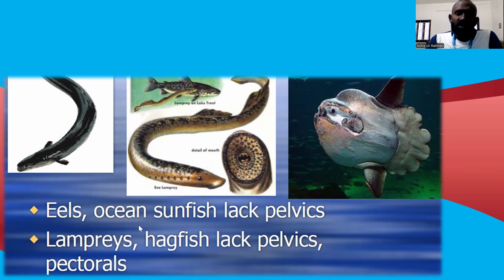In a similar way, sea lampreys or petromyzons or the suckerfish don't have pelvic fins, and also lack pectoral fin as well. So they lack pectoral fin as well as pelvic fin. In eels and sunfish mola mola, they lack only pelvic fins.